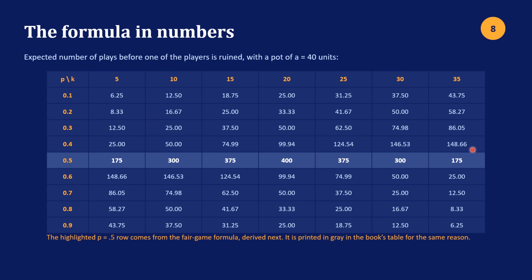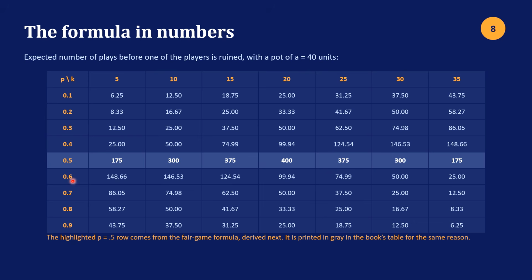It just takes longer if you give A more units to start with, but since A has this smaller probability of winning, A eventually goes and loses everything. And then on the bottom of the matrix here, it's actually B that goes to ruin.